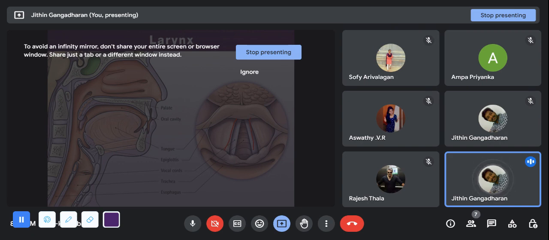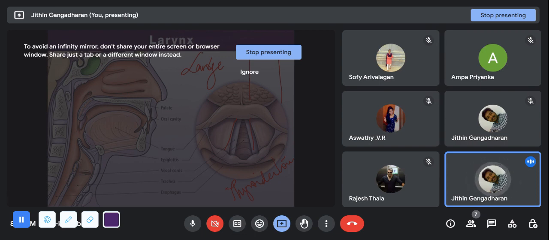One more thing I would like to say is that there are two laryngeal nerves. In case of thyroidectomy, the first thing we check is the edema over the area soon after the surgery.